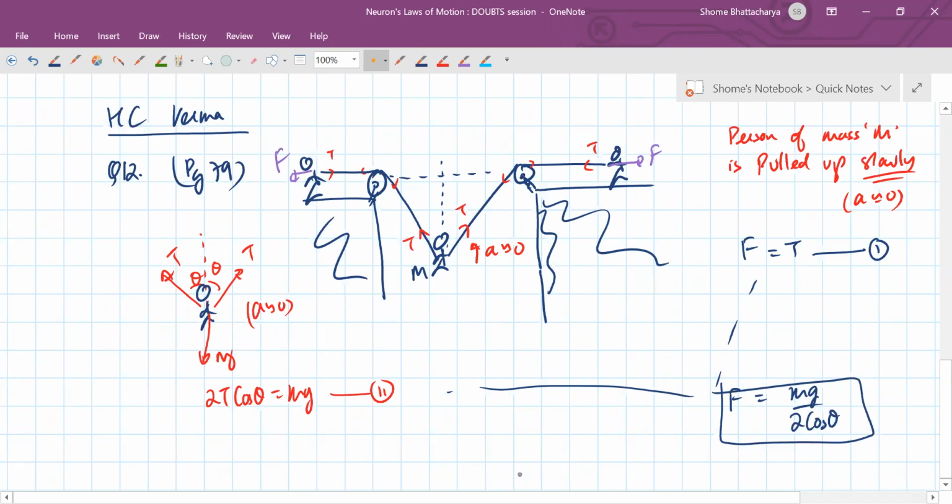Now you can see that as the person is going up, what is happening to theta? It is increasing. So theta increases as he moves up.